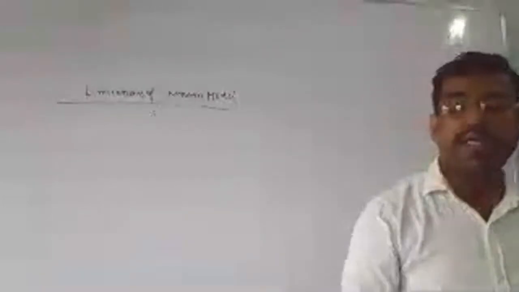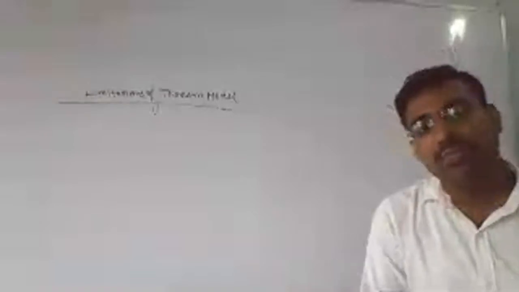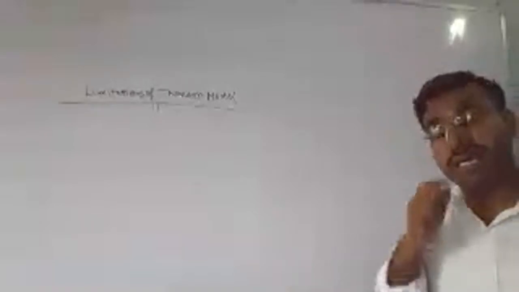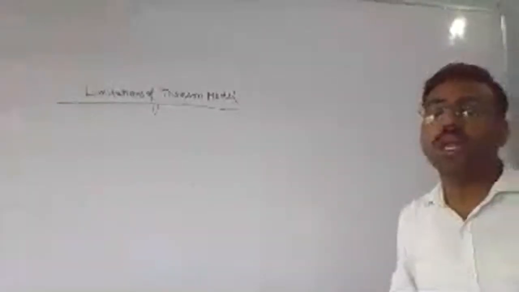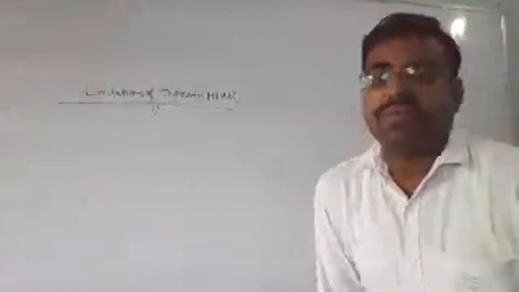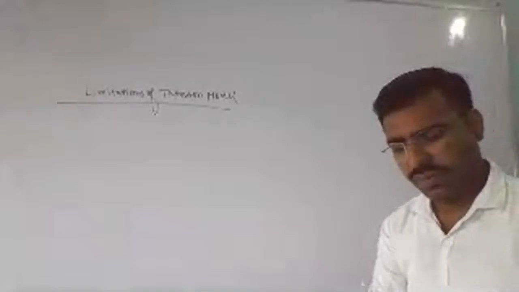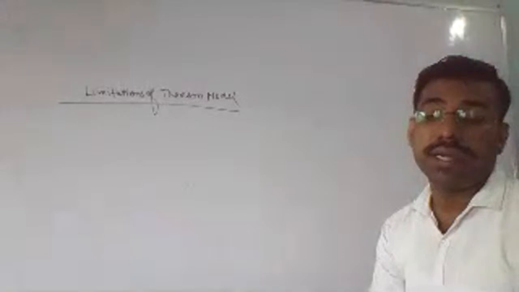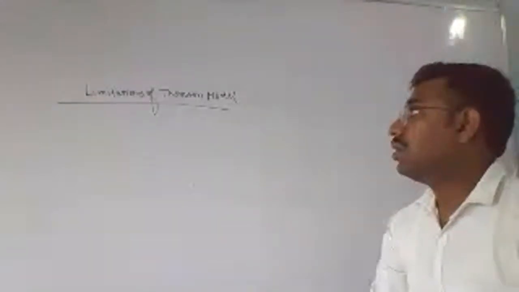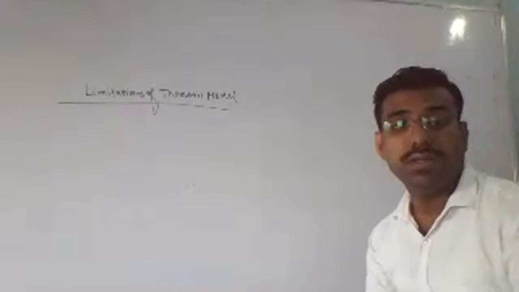What were the limitations of Thomson's model or plum pudding model? What were the disadvantages, demerits? Anybody? Class 9?